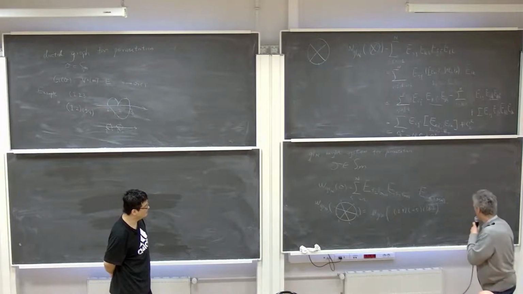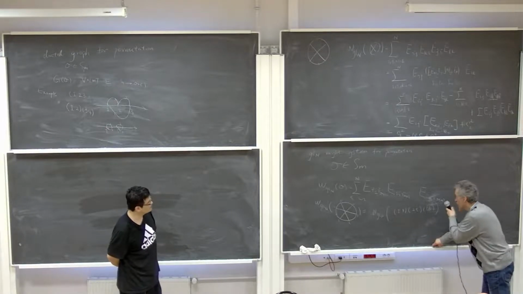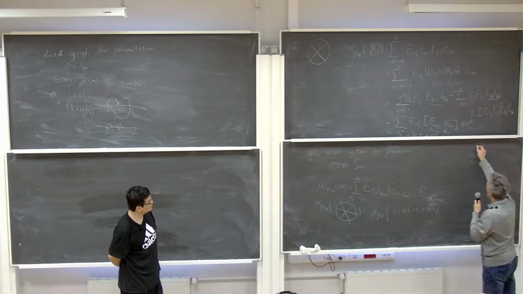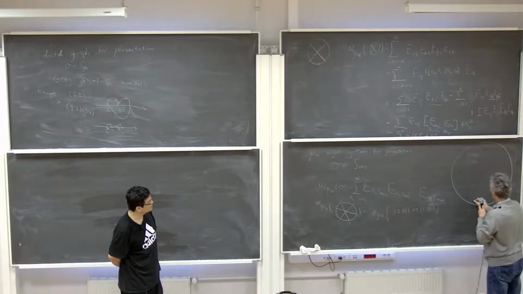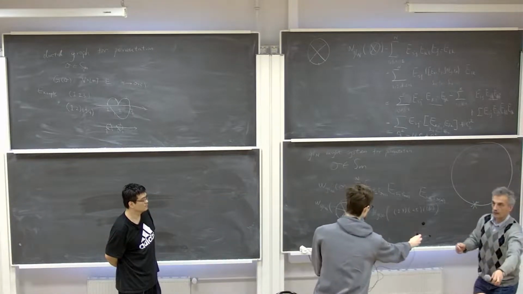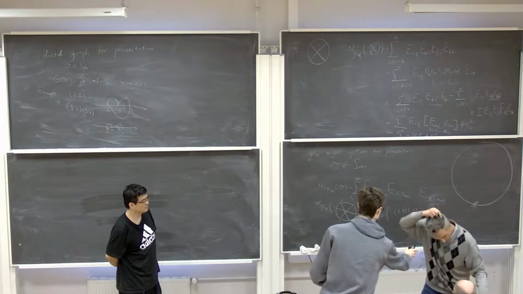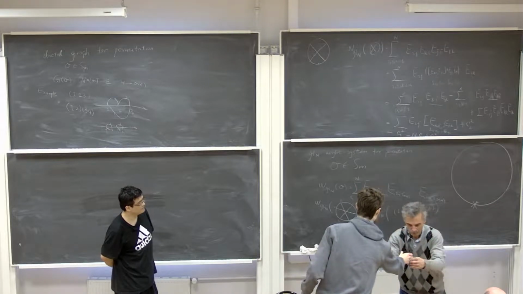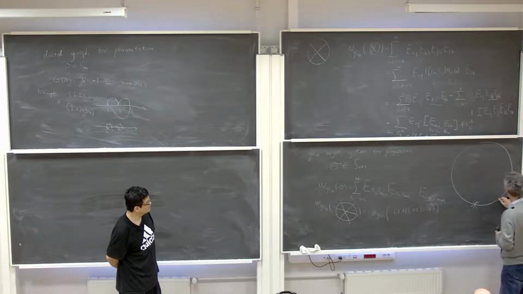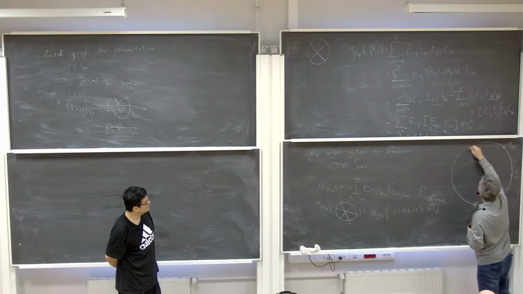I will reformulate this definition in different terms. We have some number of permuted elements, say 5: 1, 2, 3, 4, and 5.